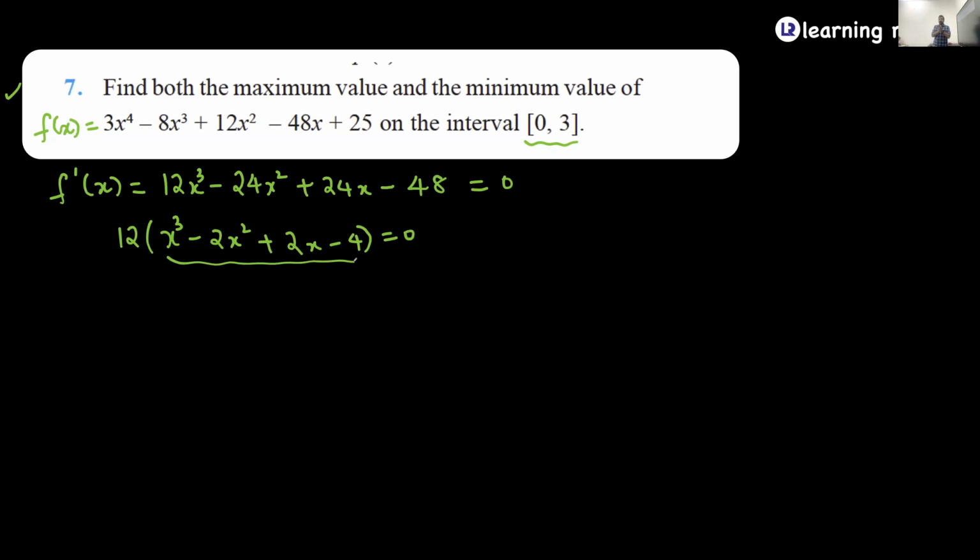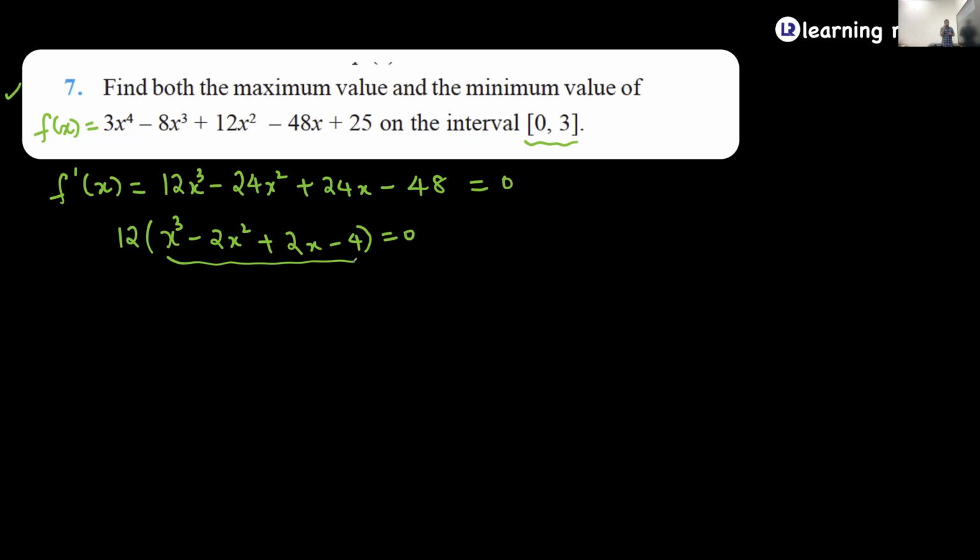So if it is a quadratic equation, we know that we can solve it using factorization or completing the square, or the third method is using the formula. But here you have a cubic equation. To find the roots of this equation, we use a method called synthetic division. Okay, I'll explain it now. For that, the first step that we need to do is trial and error.